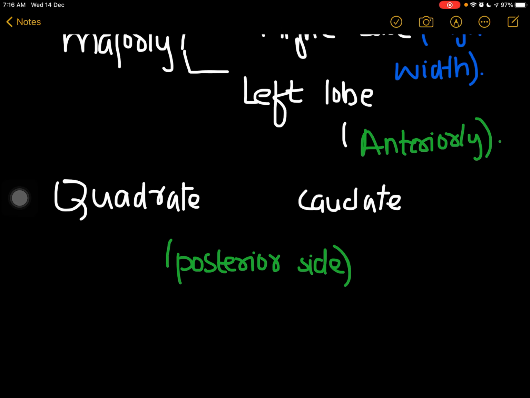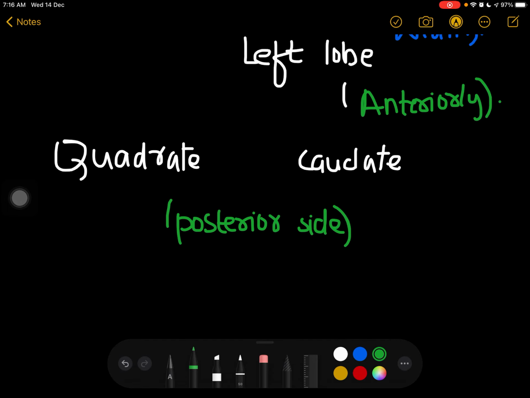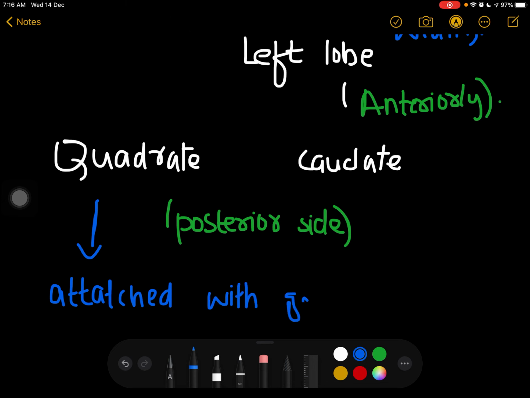So basically we know that gallbladder is attached to liver. So this gallbladder is attached to which lobe? Gallbladder is attached to quadrate lobe, right?